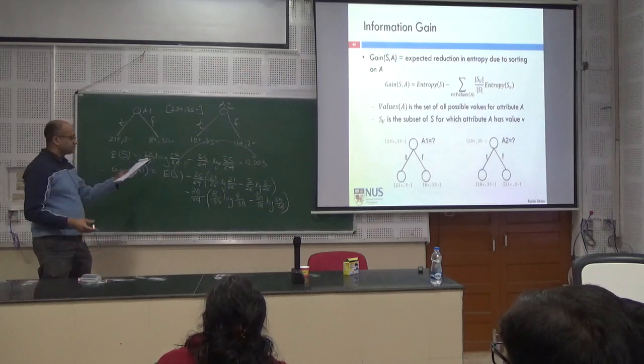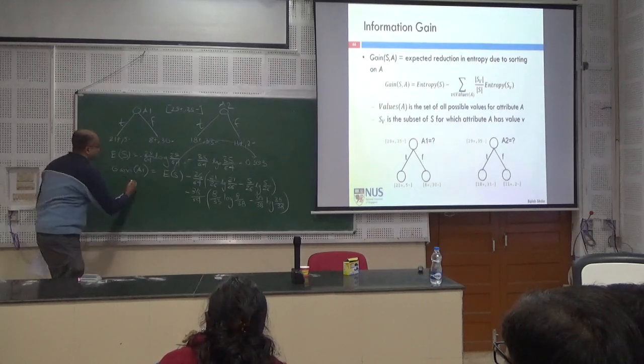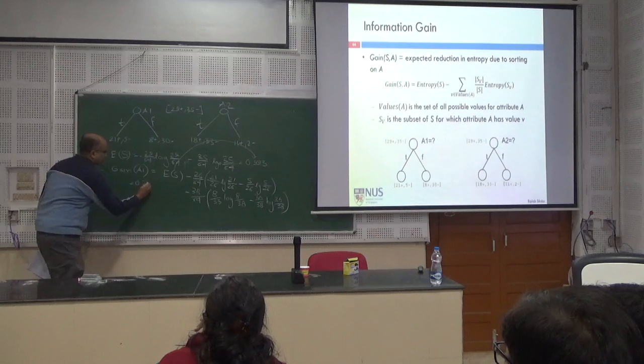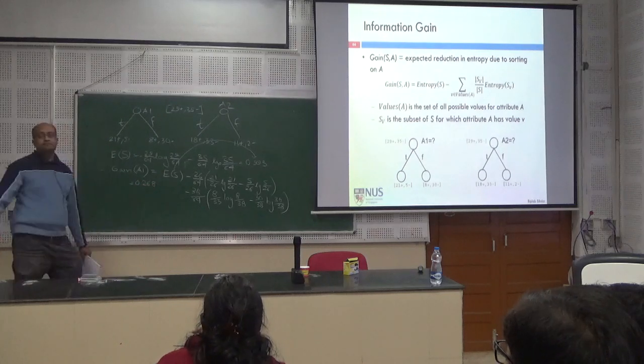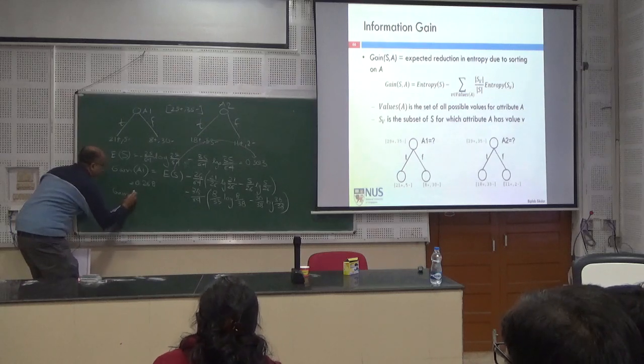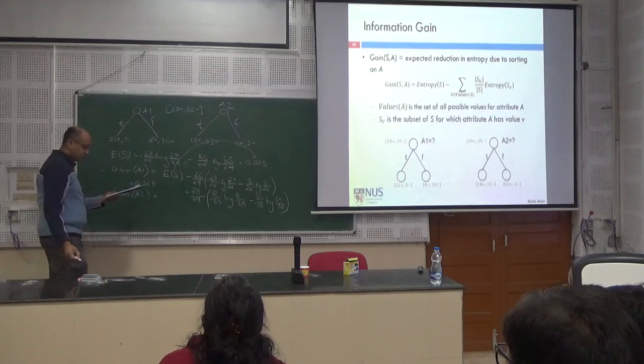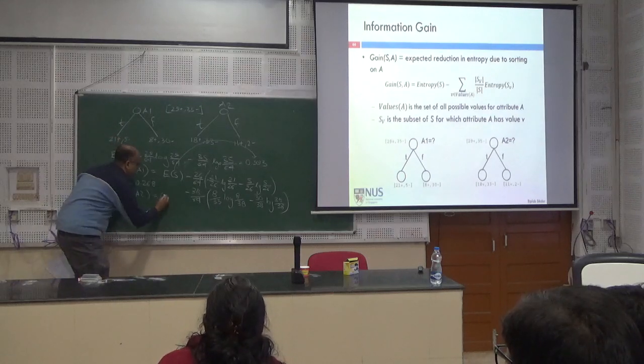And if you crunch out the numbers, this will come out to be 0.268. And similarly, you can do gain of A2, and this will come out to be 0.124.